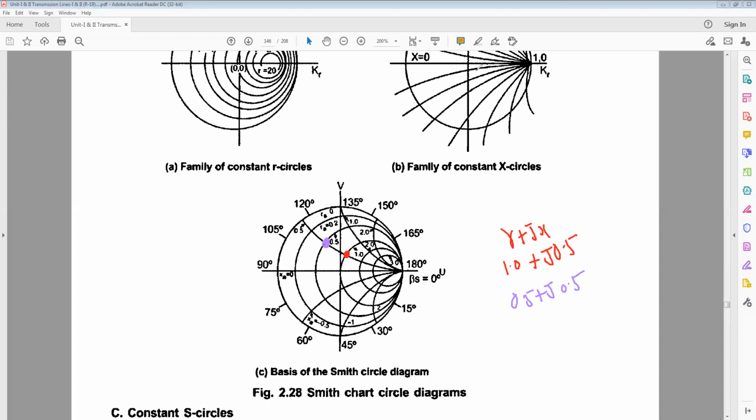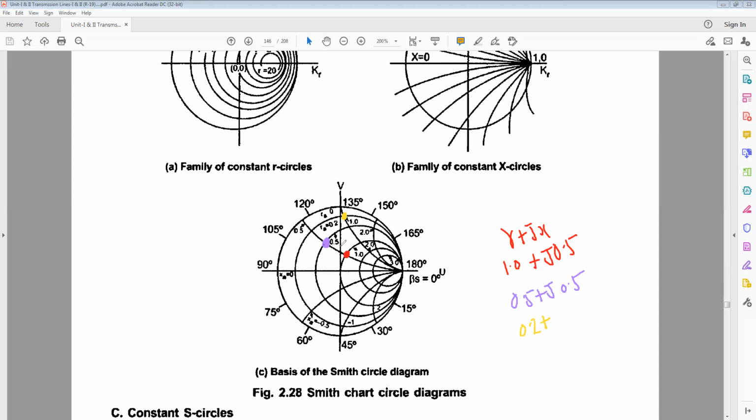Suppose I move here itself, or otherwise here itself. What is this circle? This R circle is 0.2, plus the X circle, the half circle, is there.